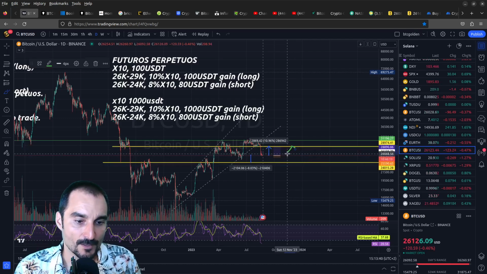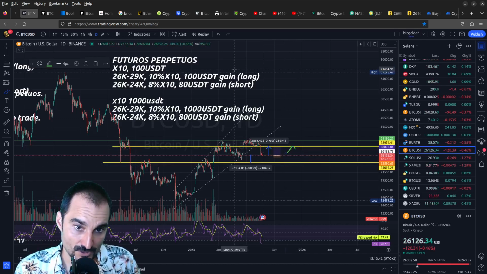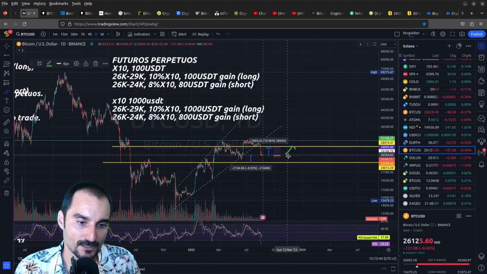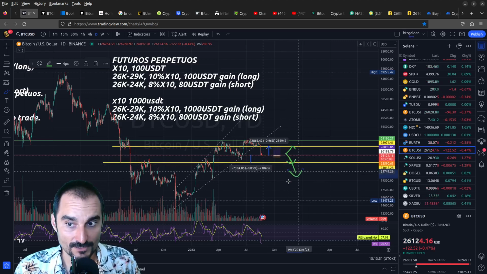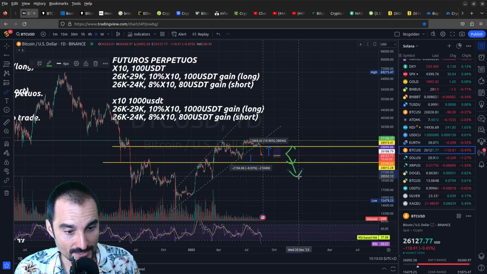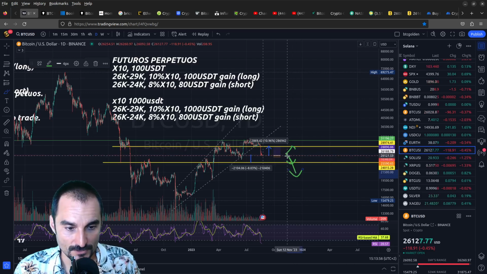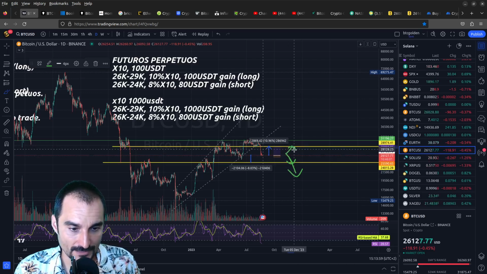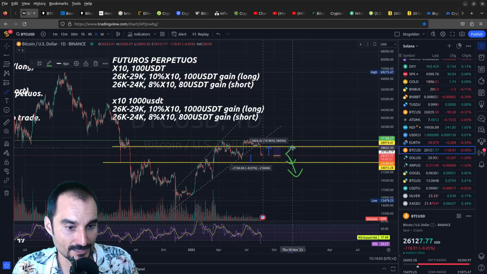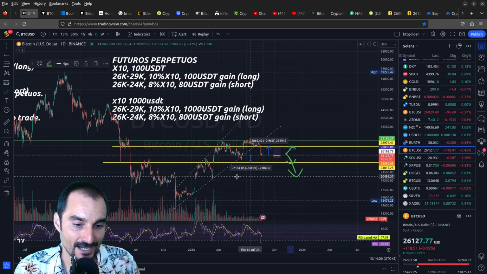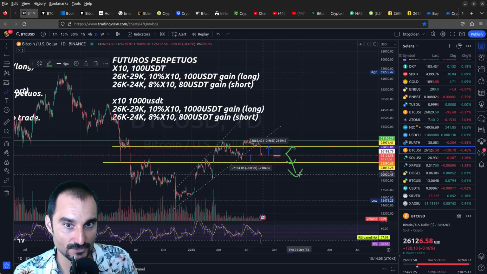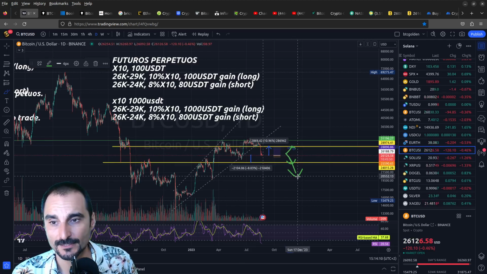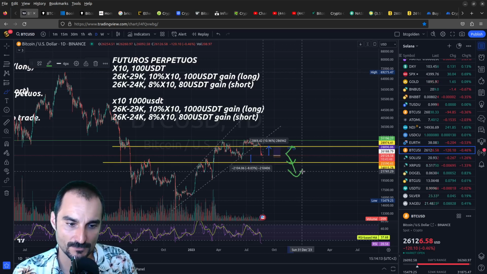But if the Bitcoin price, and we're going long now in this example, went down, for example 8%, or it could be 10%, if it went down 10%, we would lose 100% of the capital. In fact, if we go long with $100, for example, if it goes up to 29,000, we would gain $100, but if it went down 10%, we would lose the $100. You can lose a maximum of $100 plus a little commission.